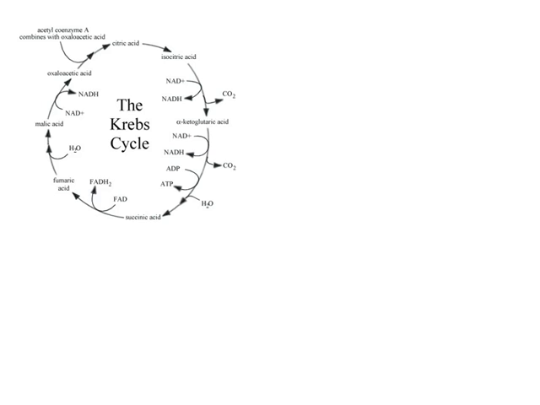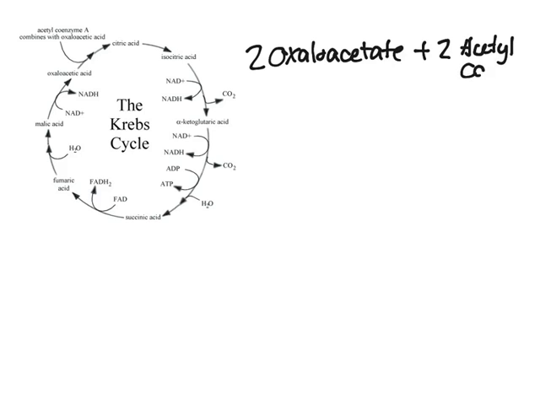So first you have 2 oxaloacetate plus 2 acetyl-CoA, and then 6 NAD+, and then 2 ADP and 2 FAD.